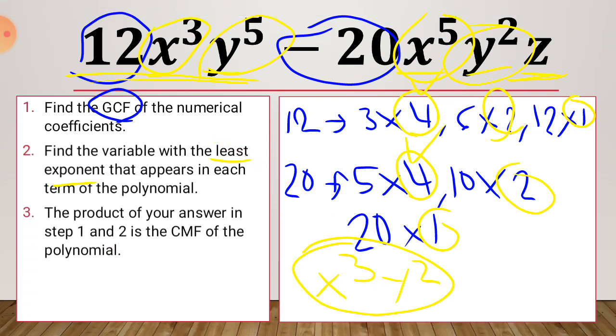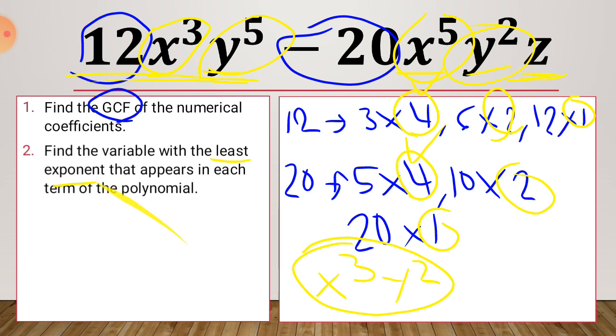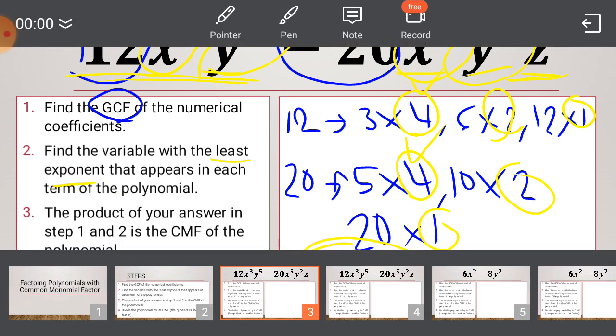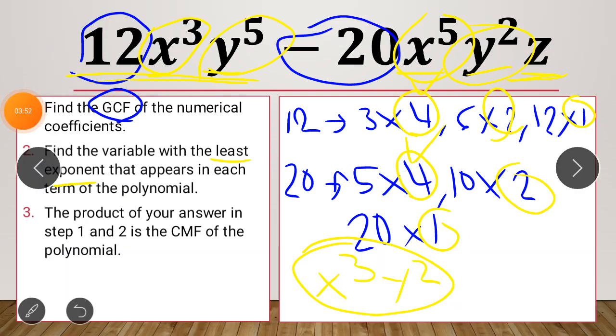the product of your answer in step 1 and 2 is the CMF of the polynomial. Okay, so in step number 1, our answer is 4, right? In step number 2, our answer is x cubed y squared.